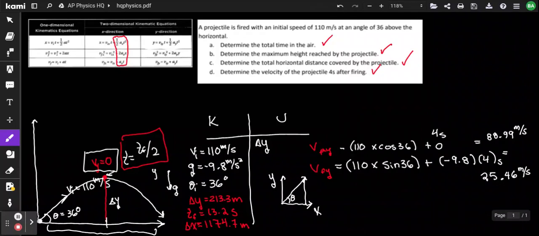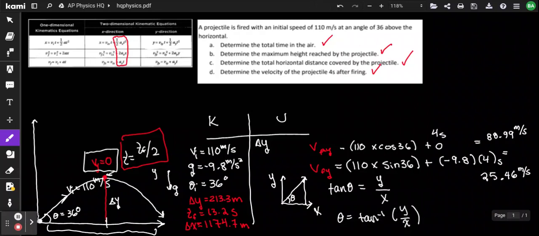Something really important that we should also look at that's not asked in the problem is finding the angle above the horizontal in D. So we know that using trigonometric methods, that tangent of our theta above horizontal is equal to y over x. And in order to isolate theta, that's tan inverse of y over x.